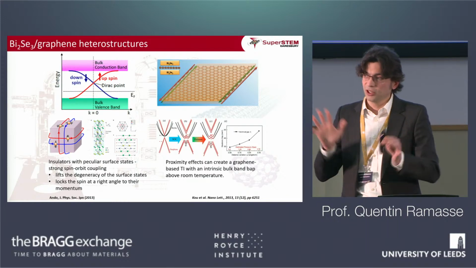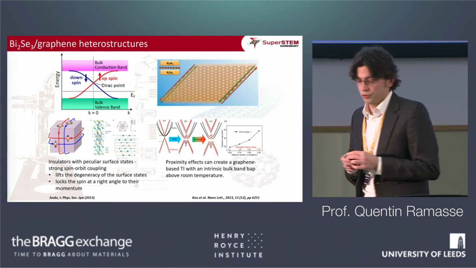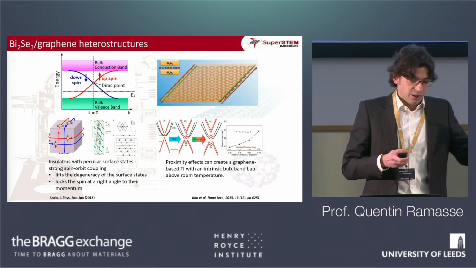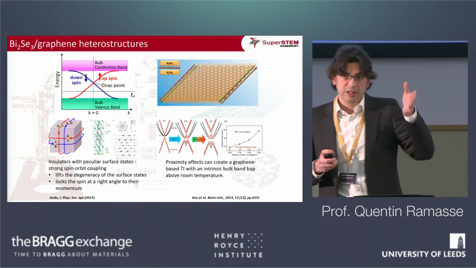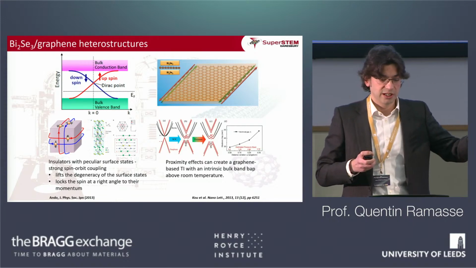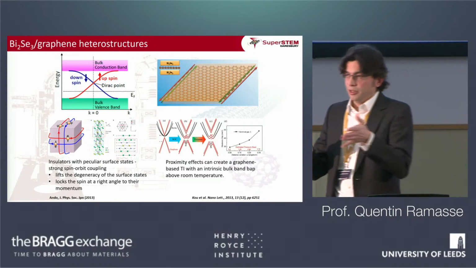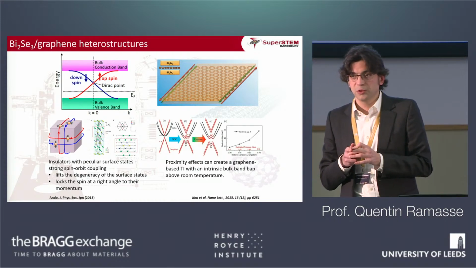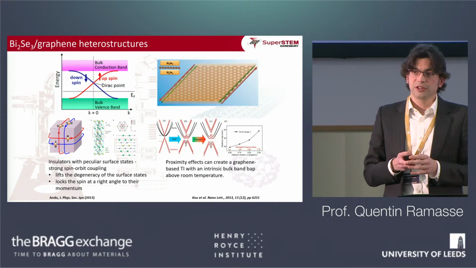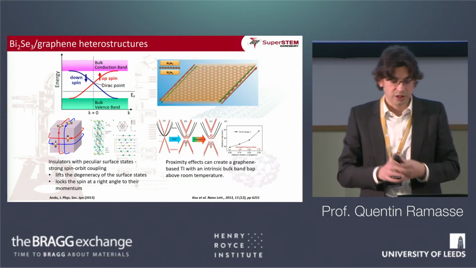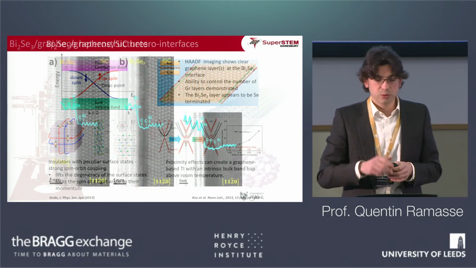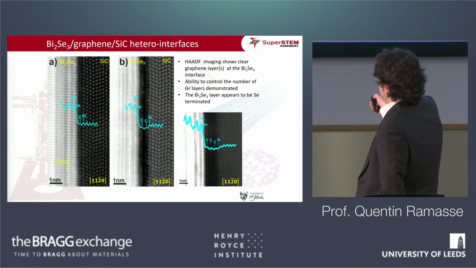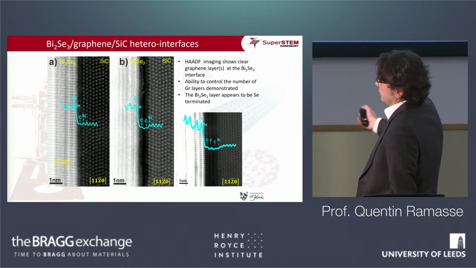That's just as a little bit of background, that's a collaboration that came to us from Vlado Lazarov at the University of York. He's interested in proximity effects using graphene close to bismuth selenide, and in doing so, just because of the very peculiar electron structure of these materials, you have all sorts of interesting effects when you put these two things together. In practice for us, what that meant was that we had access to samples like this, where we had a substrate of silicon carbide with bismuth selenide on the left-hand side.